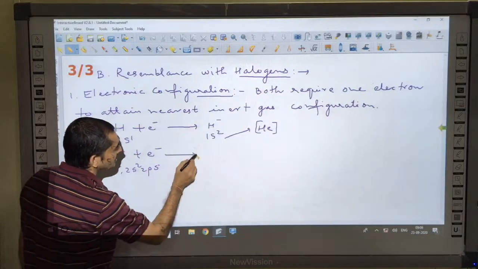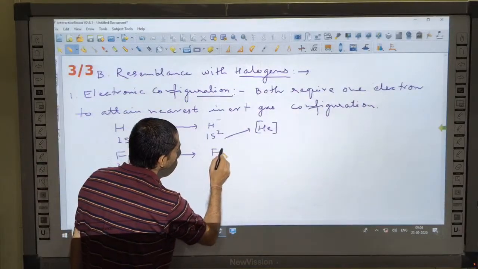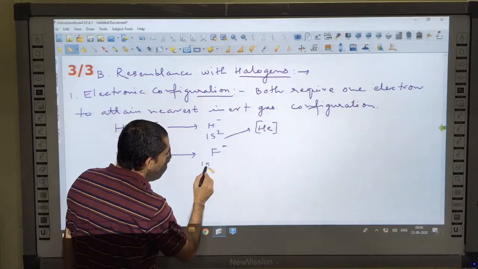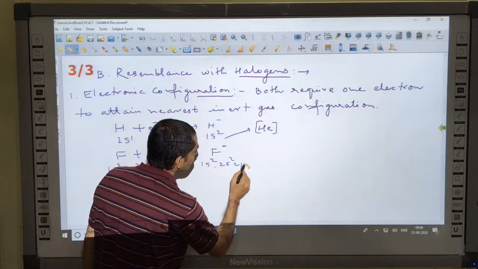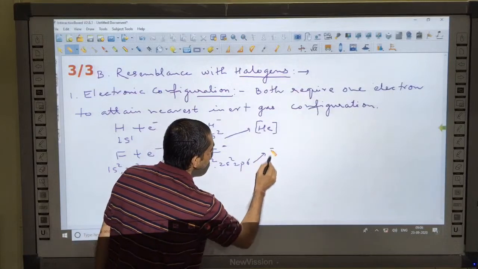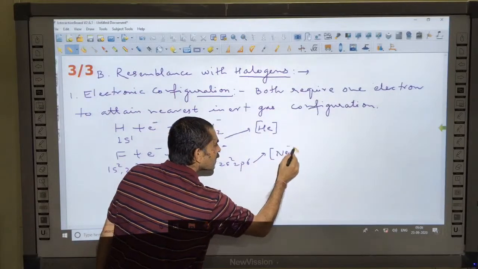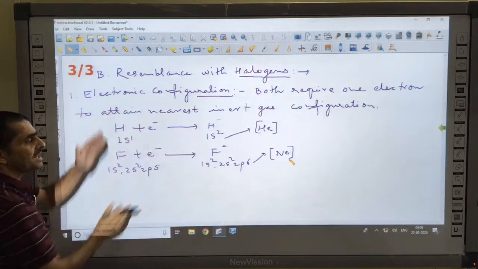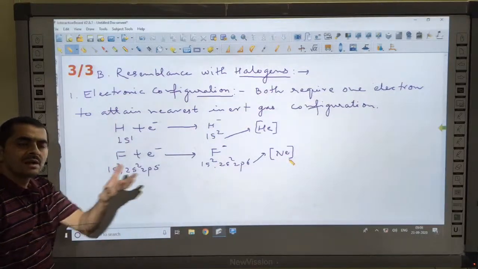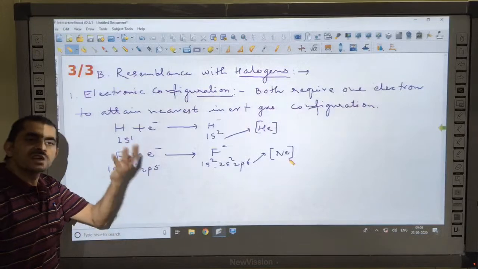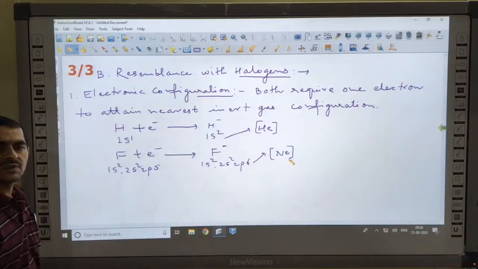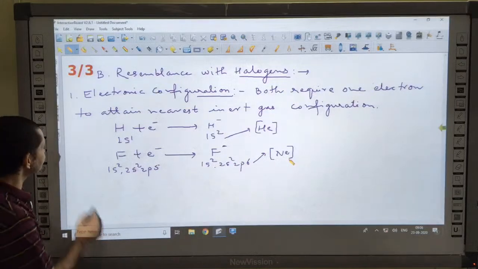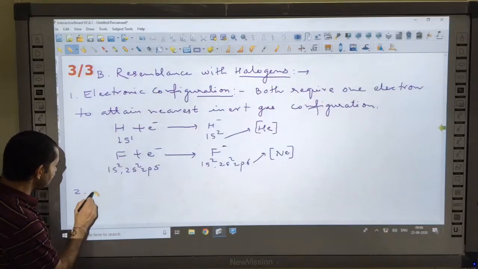It takes this electron and converts into F negative, whose electronic configuration is 1s2, 2s2, 2p6, the configuration of neon. So both hydrogen and fluorine take one electron and, after gaining it, attain the nearest inert gas configuration. Clear? Number 2nd, ionization enthalpy.